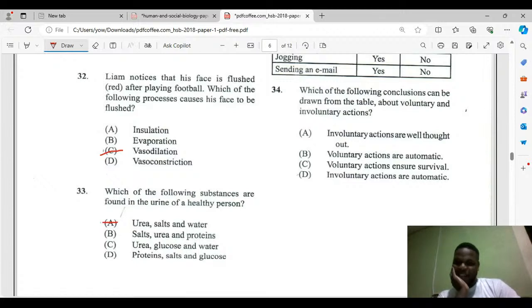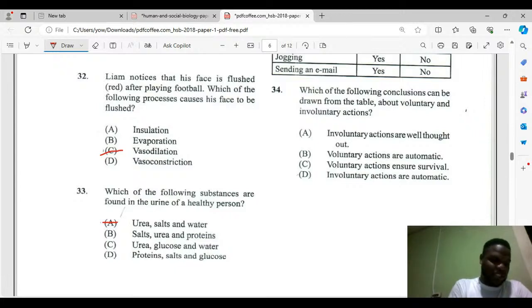What's the answer you have there, guys? Is it A? I'm not sure if it's A, I think the A is for the other question.